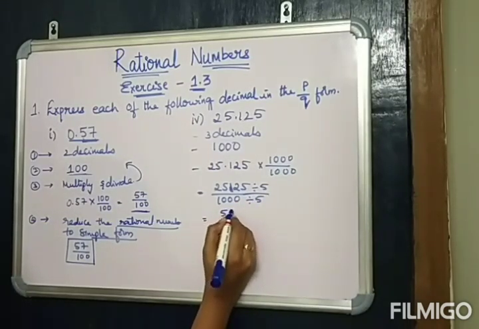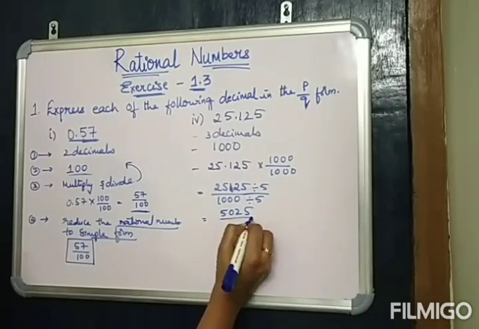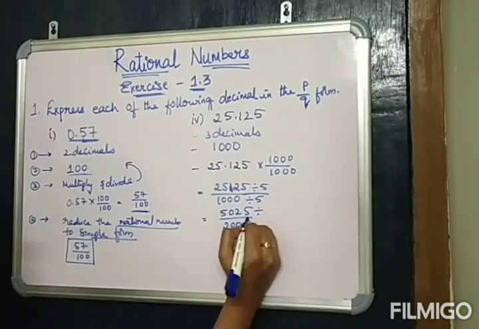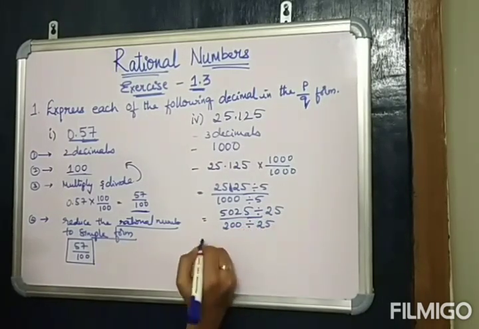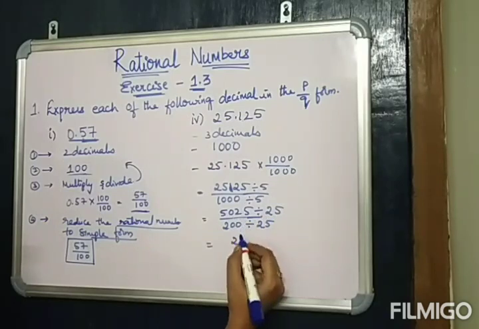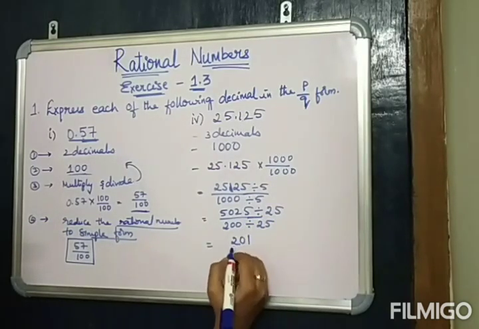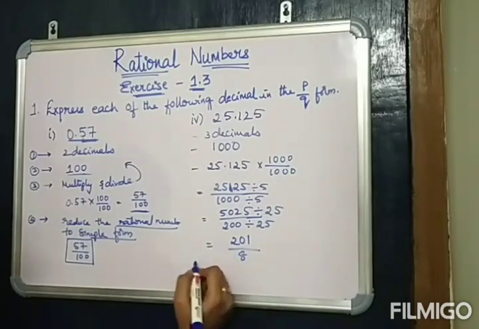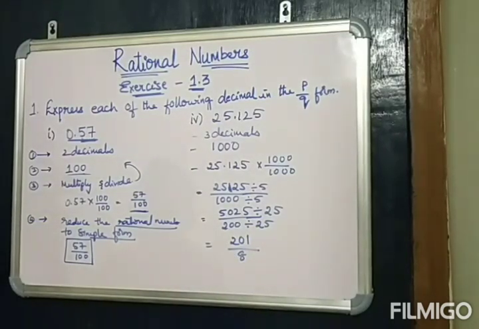We get 5025 divided by 200, and further we have to divide by 25. In 5025, 25 goes 201 times, and in 200, 25 goes 8 times. The answer is 201 divided by 8.